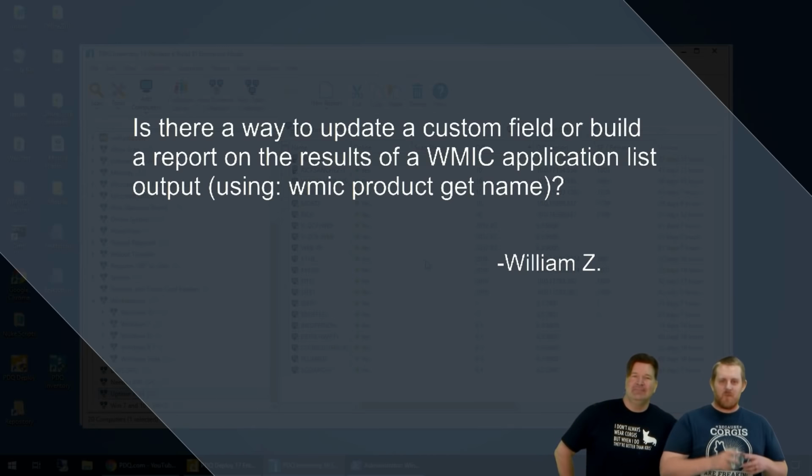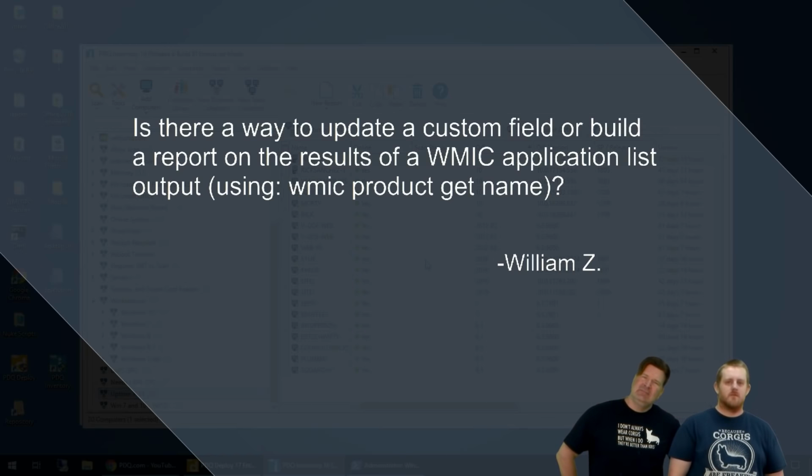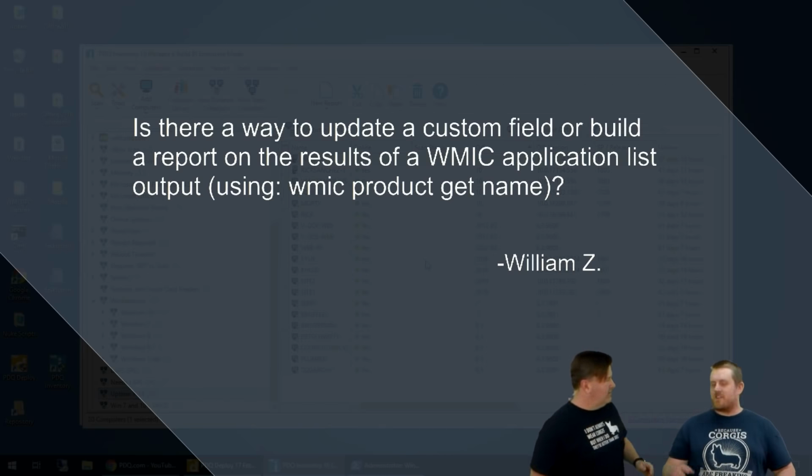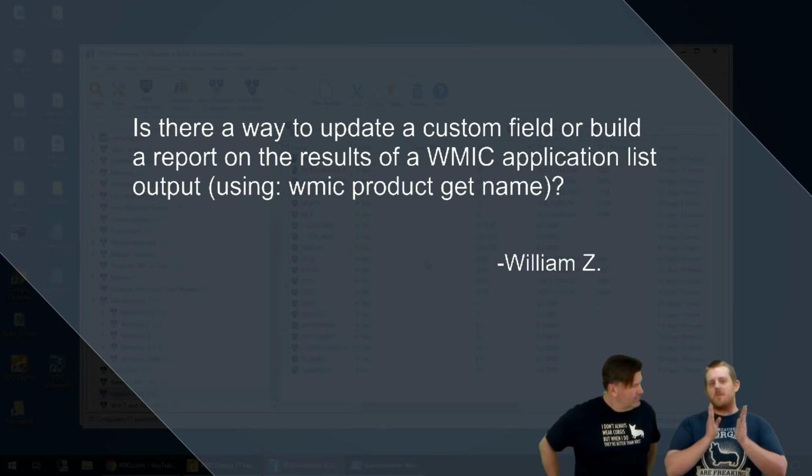Is there a way to update a custom field or build a report on the results of a WMIC application list output using WMIC product get name? Thank you, Billy Z. Yes, and no. Well, yes. Short answer, yes. You can use PowerShell.